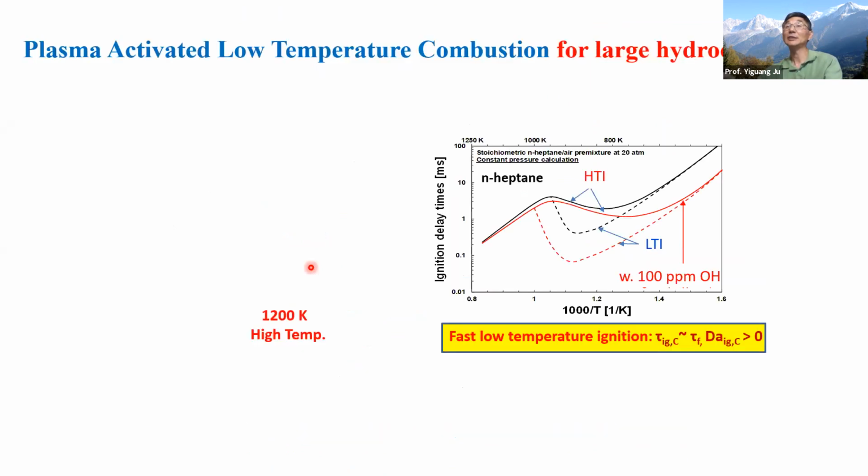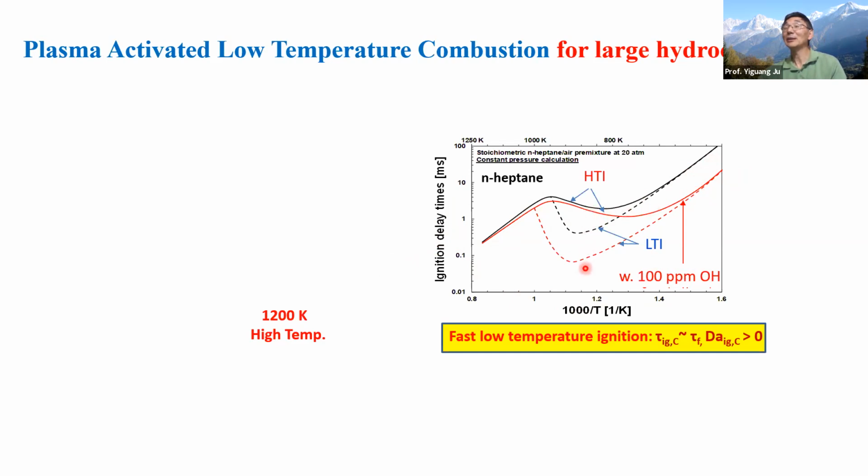If you do a simple numerical simulation of ignition delay as a function of temperature, this is the high temperature ignition, and this is the low temperature ignition. Let's say plasma can give you 100 ppm of OH radicals. You can see that at high temperature, it does not really change much. But at a low temperature, it does change a lot.